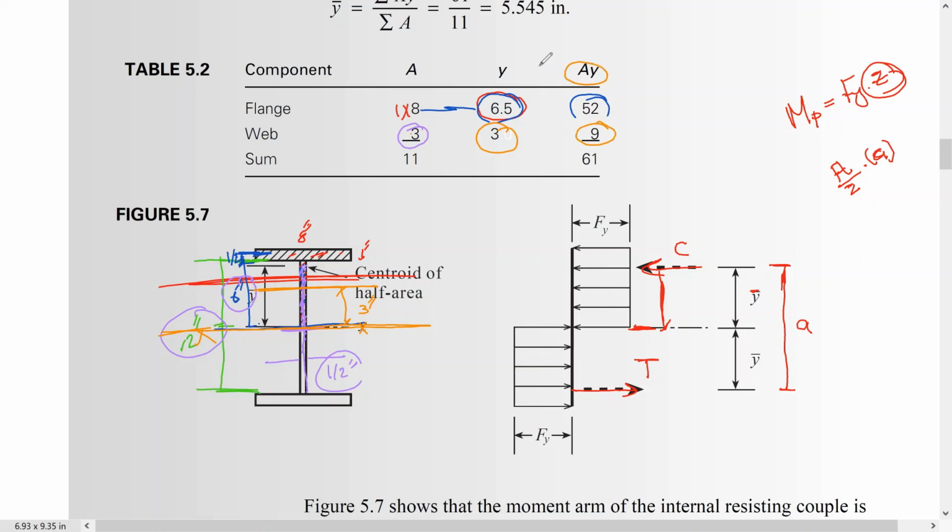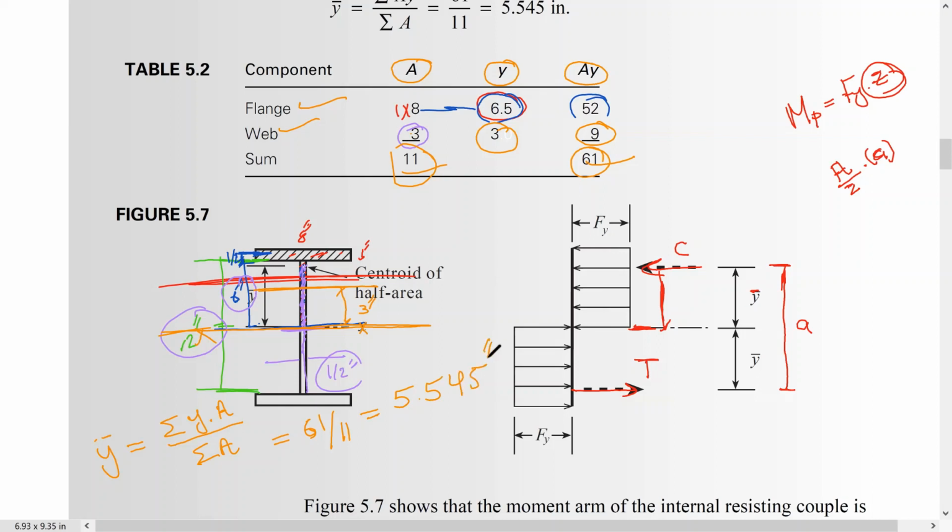The summation of A times Y is equal to 61, and this is divided by the summation of area. If you remember, the centroid is equal to the summation of Y times area for each area. We took it for the flange and for the web, divided by the summation of area. So this is 61 divided by 11, which is equal to 5.545 inch.